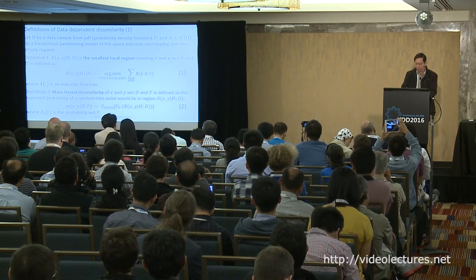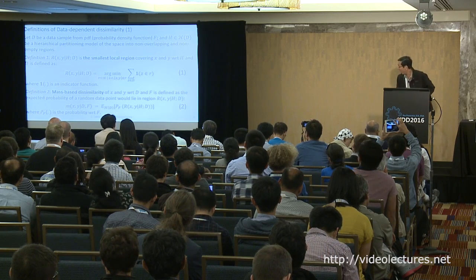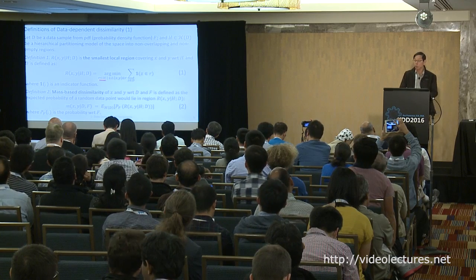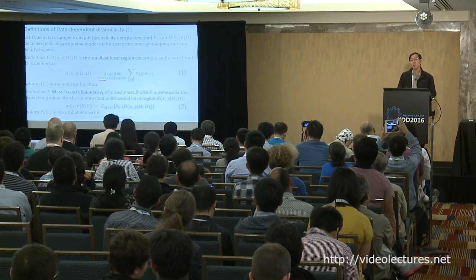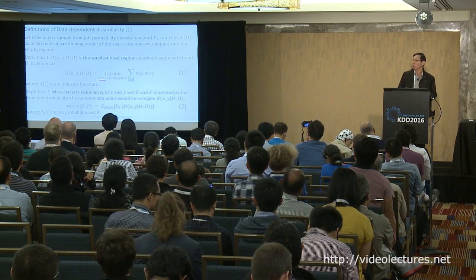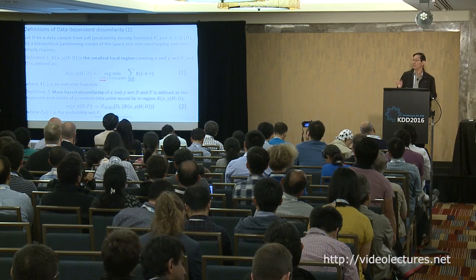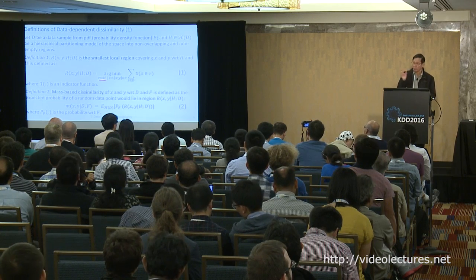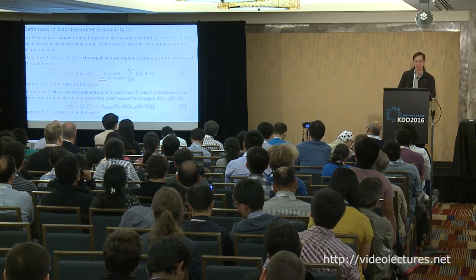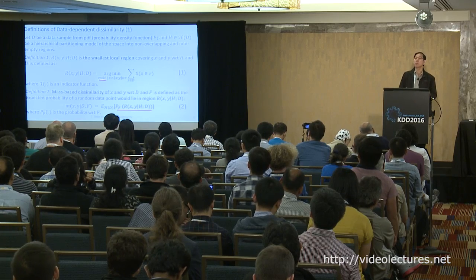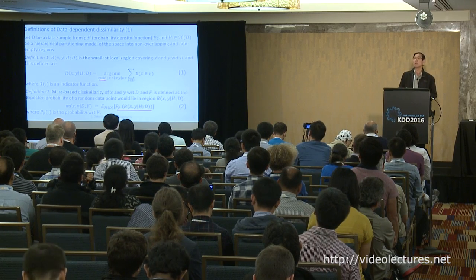The smallest local region is defined as in equation 1, where you try to find the smallest region in H that covers x and y. That is the definition. And then once you have the smallest local region covering x and y, all you have to do is find out the probability mass of that region.